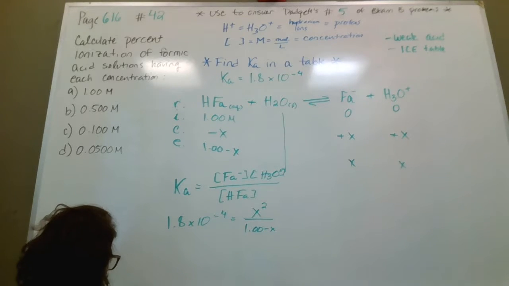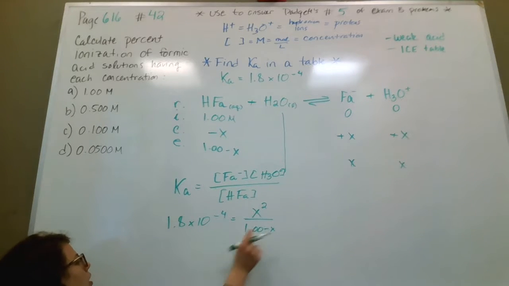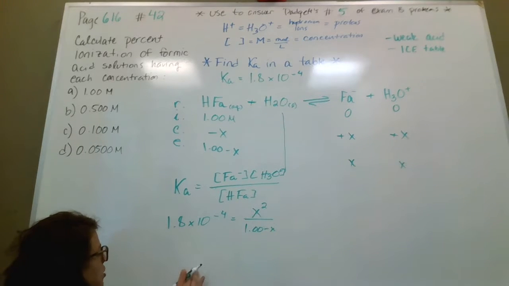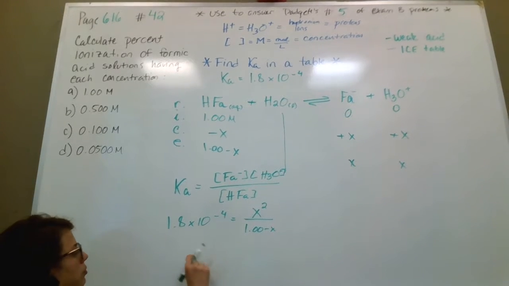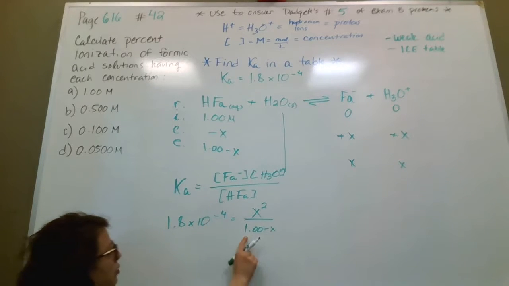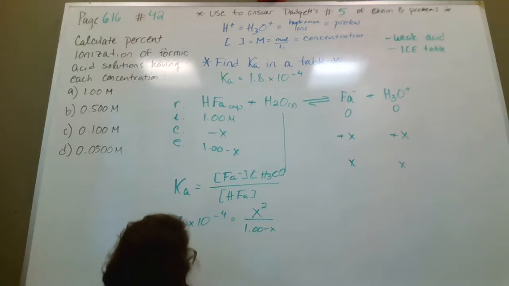Now, to evade the quadratic formula, we have to assume this x is small. How does that work? Dr. Padgett uses the expression order of magnitude quite frequently, and what that means is how many orders of magnitude away you are from the original smallest concentration.